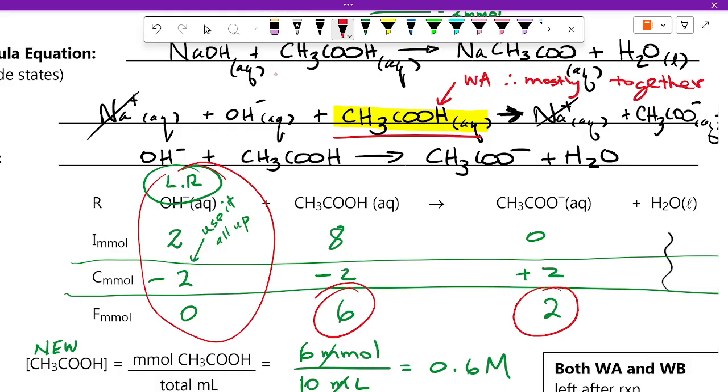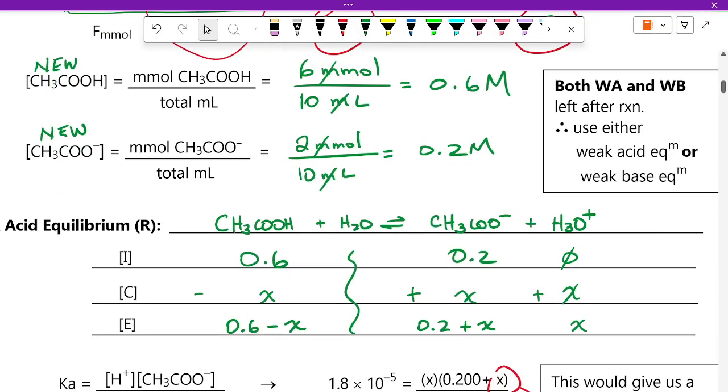And now you have the acid form and its conjugate base form, and they set up an equilibrium. We chose the weak acid equilibrium, but you can use either the weak acid equilibrium or the weak base equilibrium, and you should get the same answer.